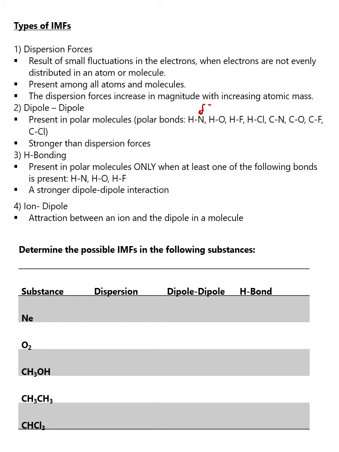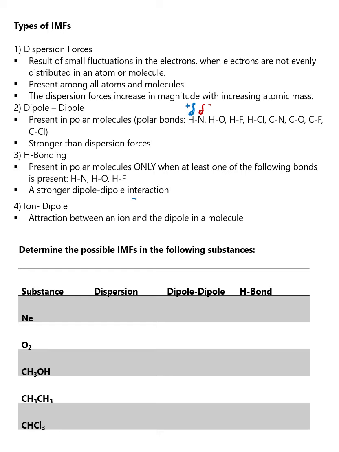If the negative charge is moving towards the nitrogen atom, you're going to have a partial positive charge on the hydrogen. That's the symbol delta, delta plus, delta minus. It's a charge separation, it's a partial charge, it's a permanent dipole. As long as that chemical bond exists, you will have your permanent dipole present.